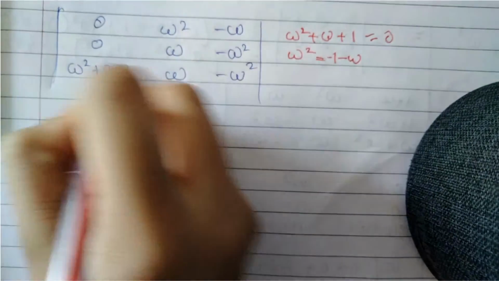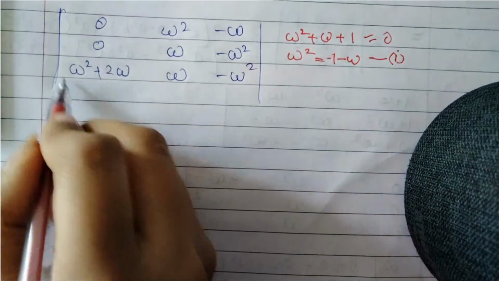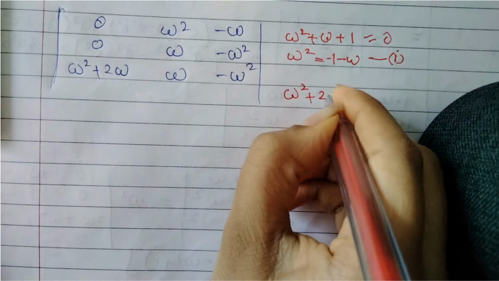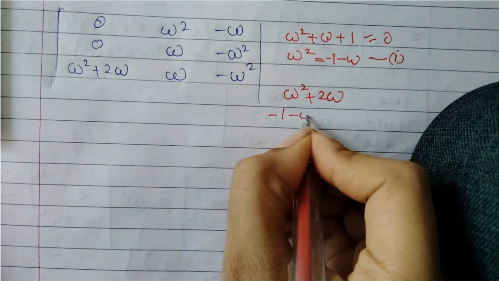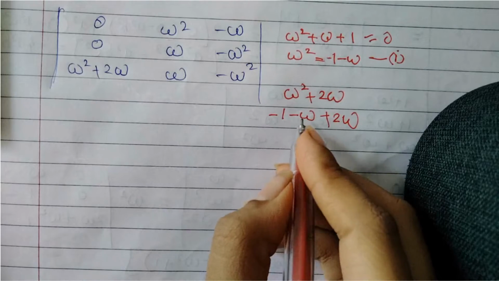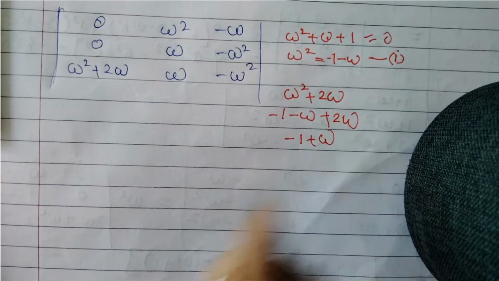So we will substitute this value of omega square in this term that we have got, omega square plus 2 omega, where we can write omega square as minus 1 minus omega plus 2 omega. So that will be equal to minus 1 minus omega plus 2 omega will give us plus omega.